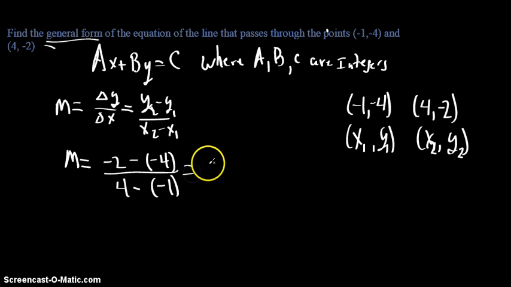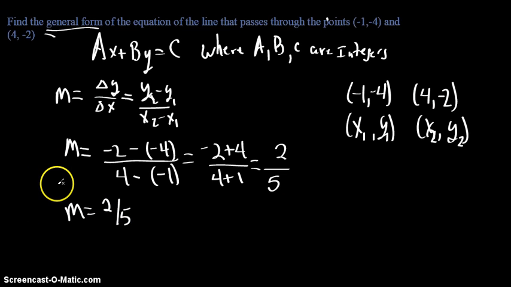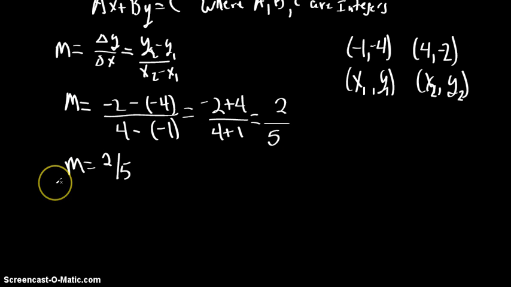So we just perform our operations here. We have -2 plus 4 all over 4 plus 1, which gives us 2 all over 5. So there's our slope. Our slope, m, is equal to 2/5.